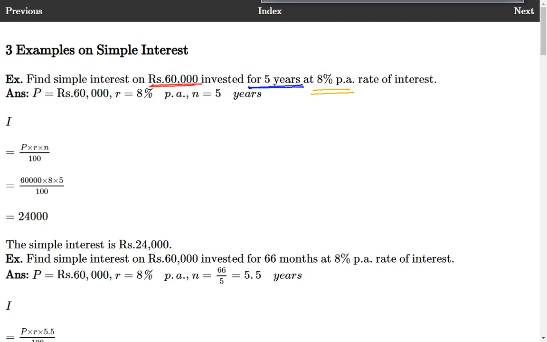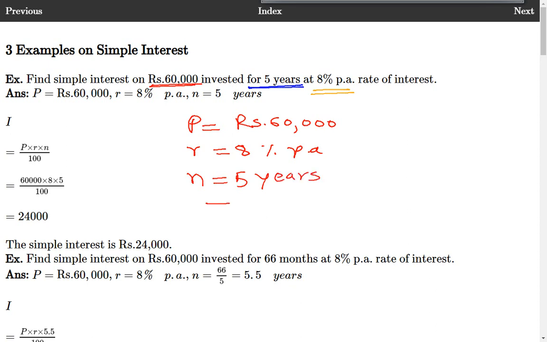It is specified here that the interest is simple interest. So what are the given things? P, that is principal amount, is rupees 60,000. R is 8% per annum, and N is 5 years.